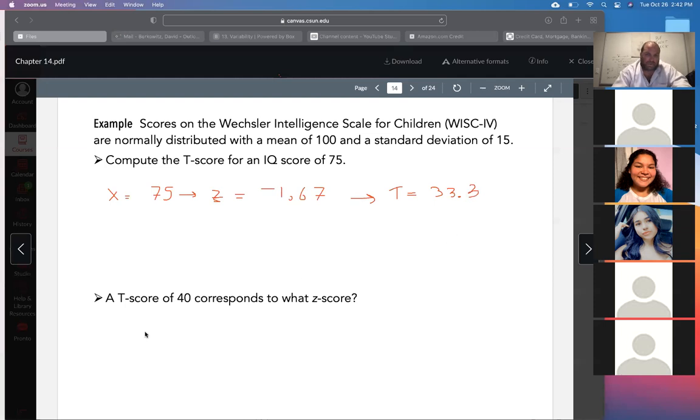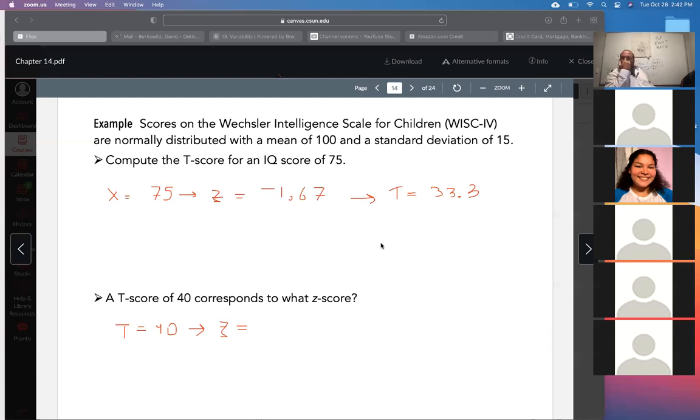And now we can work back. If you have a t-score of 40, what z-score corresponds to that? How did you get the 33.3? What's the formula for t?